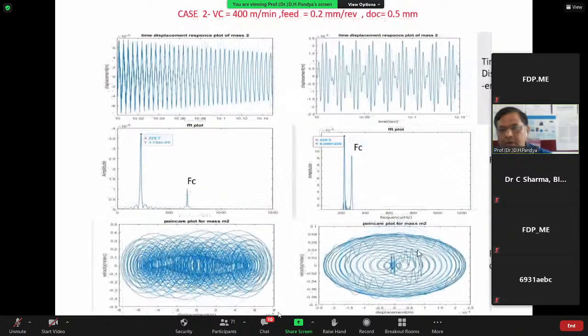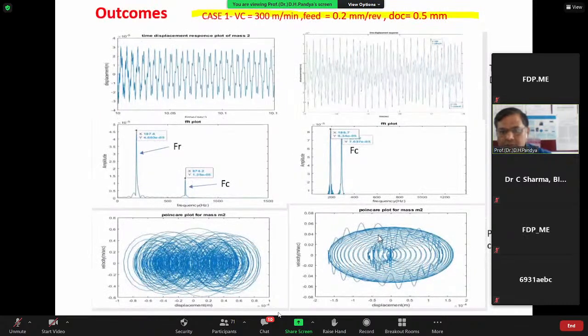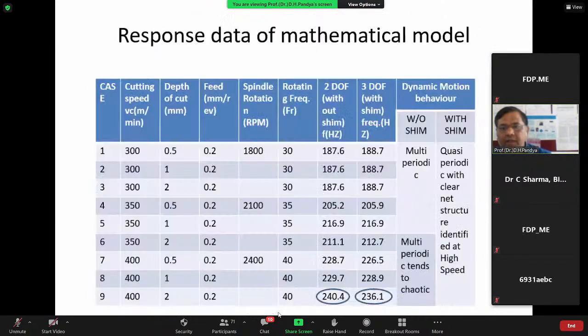With 400 meters and 0.5 depth of cut, the net structures have also developed, and this one also clearly indicates the net structure. For all the readings we get the net structure in the figure, so we can say quasi-periodicity is observed.